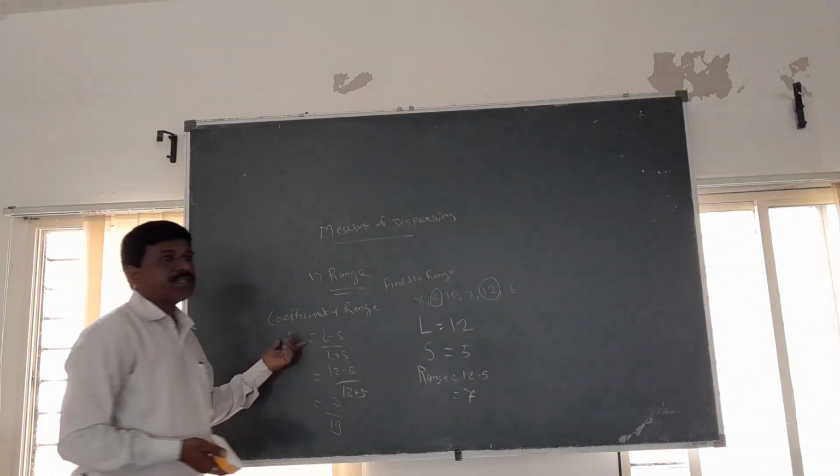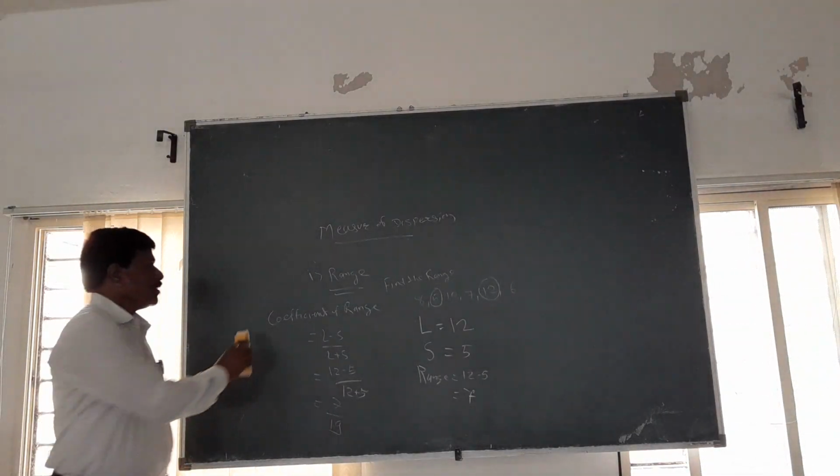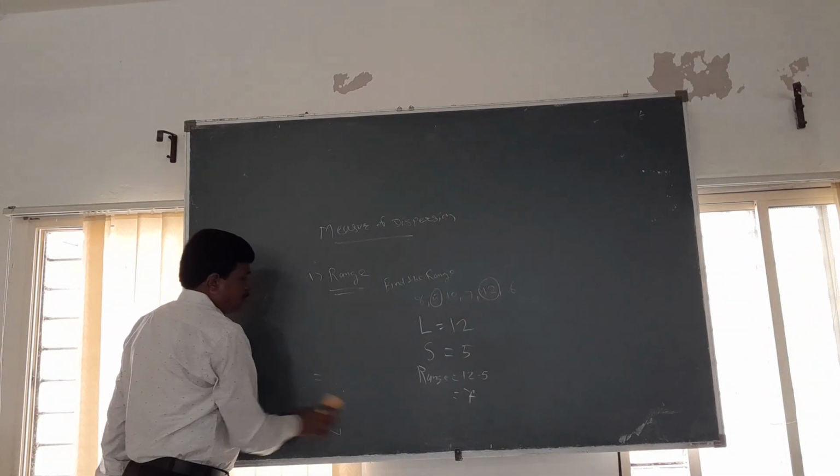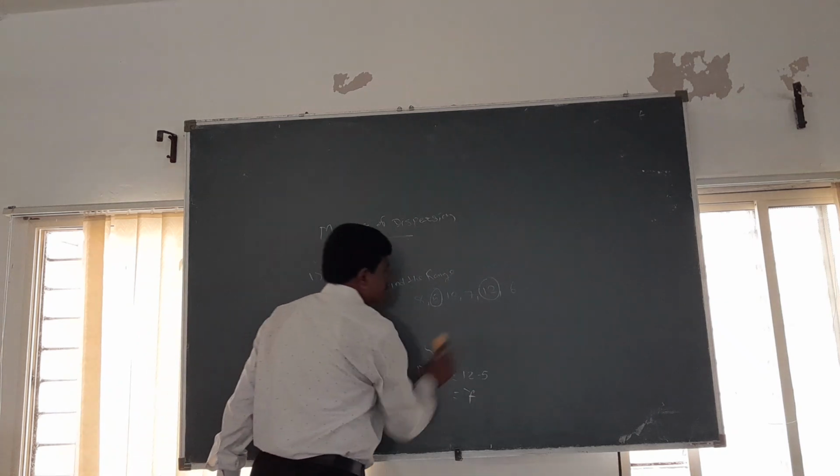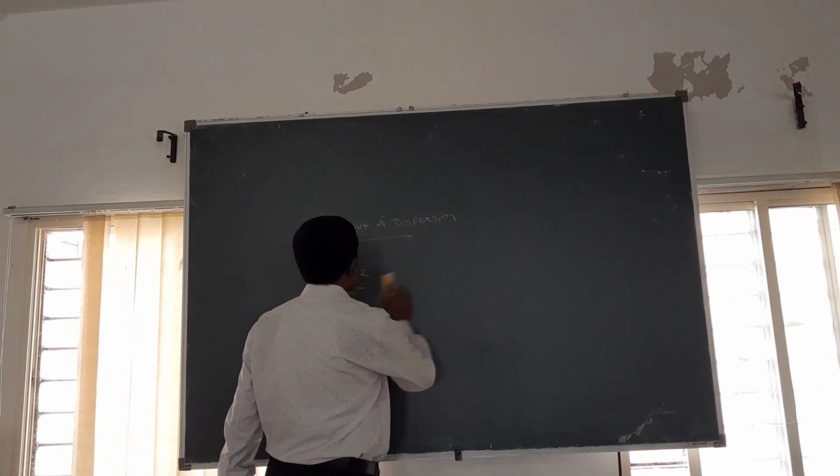This is the range for a simple frequency distribution, and now we find the range for a discrete frequency distribution.